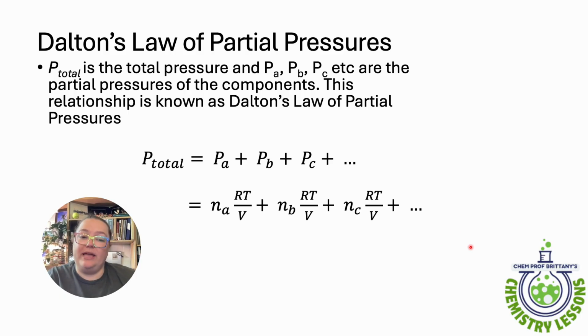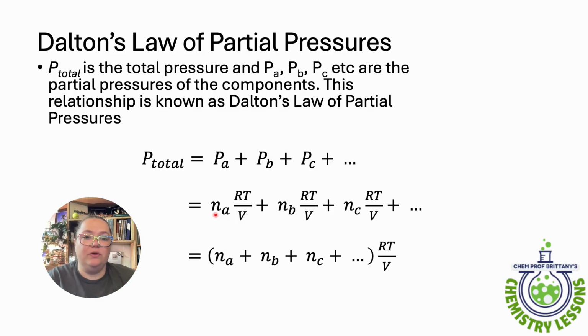So we know, again, from the previous slide, that I can rearrange the ideal gas law to get pressure for each one using n times RT over V. Now, whenever I have a mixture of gases, it's one single container. Well, that container has a temperature and a volume.